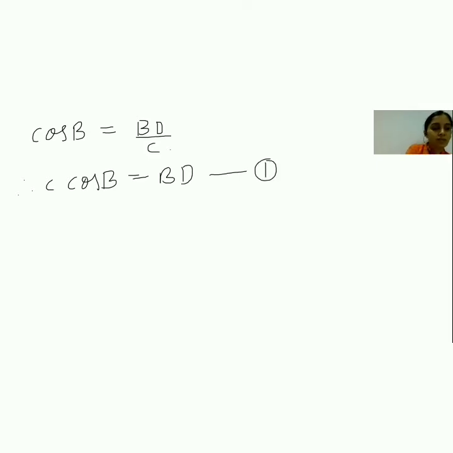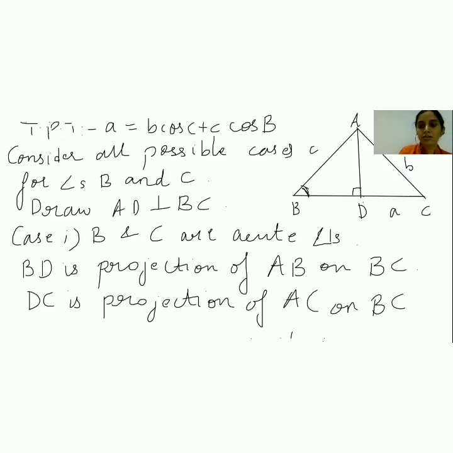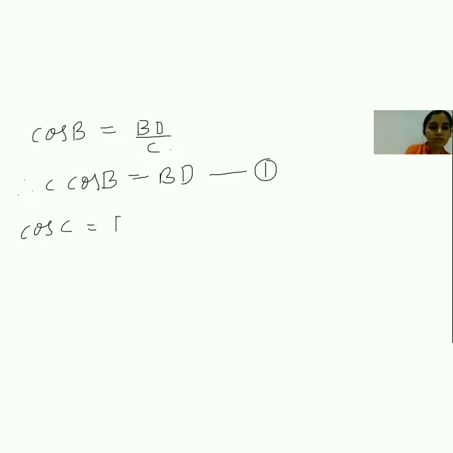Okay. Then cos of C is equal to, now what will cos of C be? Adjacent side DC upon hypotenuse, that is B. So DC upon B. Therefore, DC is equal to B cos C. Okay, this we'll mark as 2. We now look at the figure.